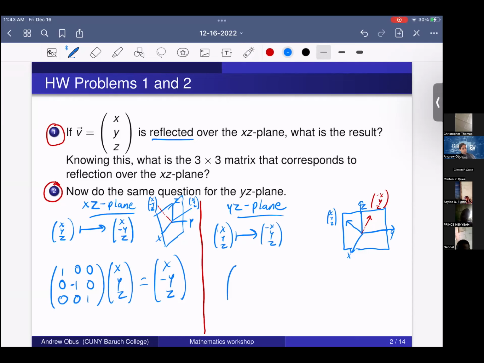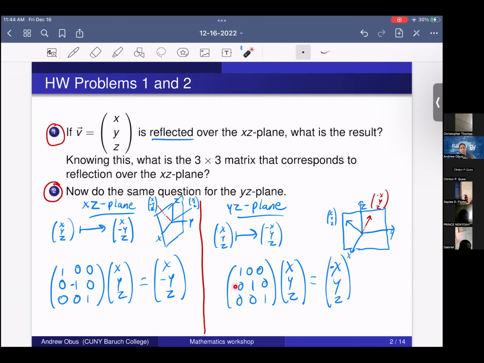And so if we want to know what's the right matrix, well, if I multiply this identity matrix by XYZ, I just get XYZ back again. But now if I want to instead get negative X, which one do I need to change to a negative? First row, first column.